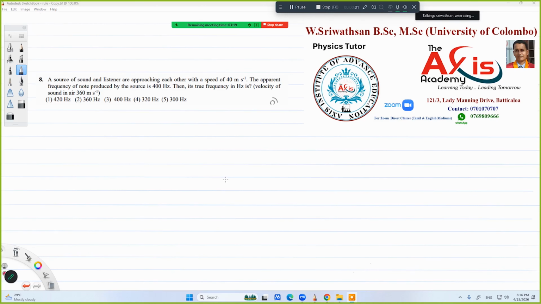Question number 8. A source of sound and a listener are approaching each other with a speed of 40 meters per second. A source is there, an observer is there, both approaching with the same velocity towards each other, v is given as 40 meters per second.